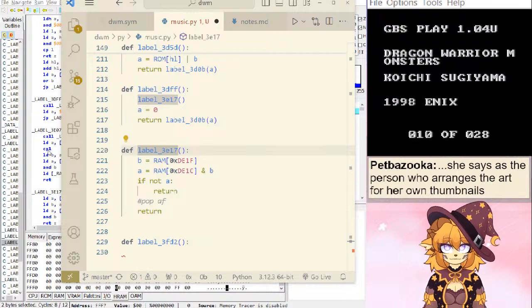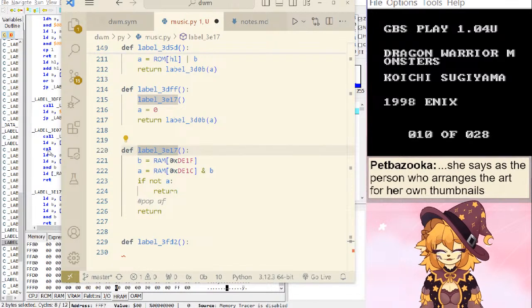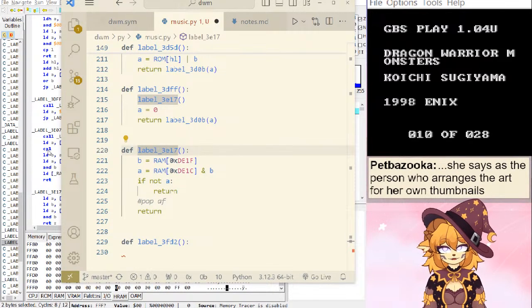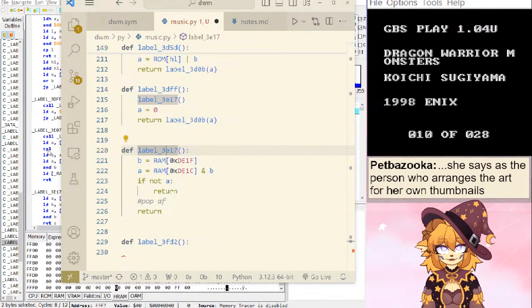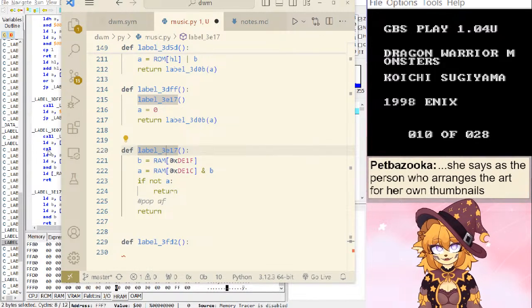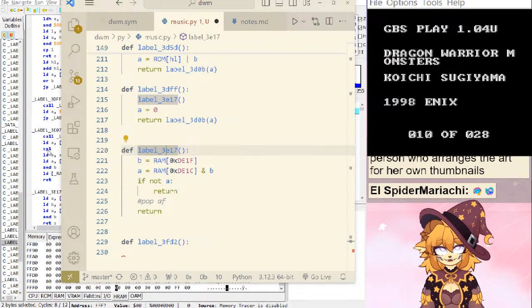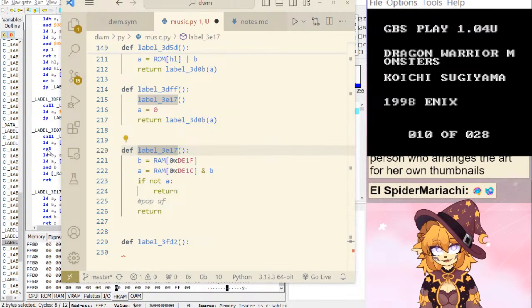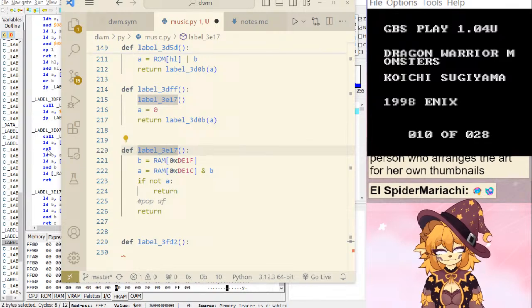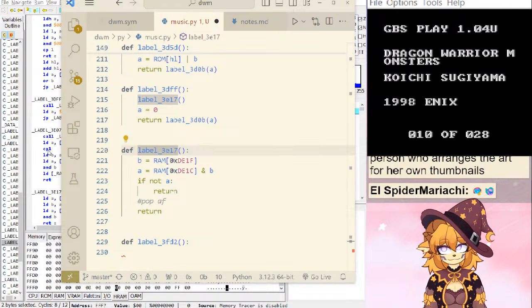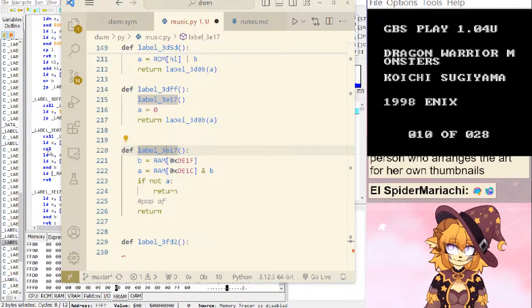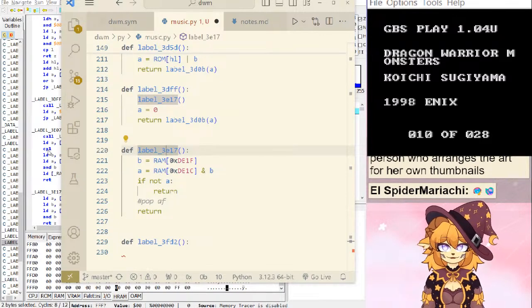This is the person who arranges the art for her own thumbnails. I didn't draw the art, at least. Those are stickers from Yuzufe. But yeah, I do piece everything together for the thumbnails, but they're silly and fun.